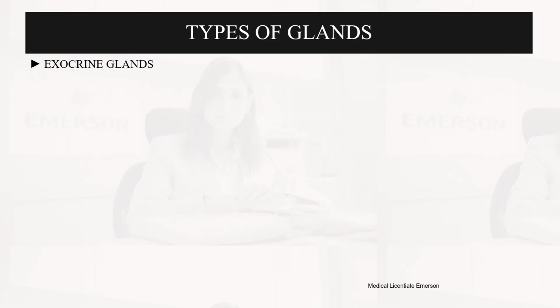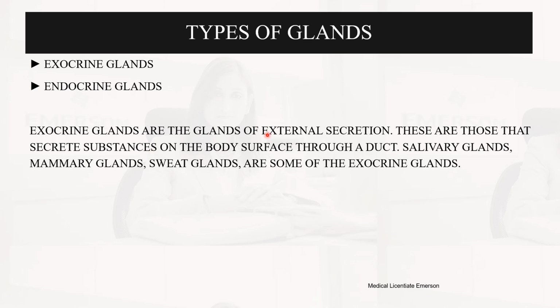Okay, so from what we discussed in the introduction, we know that there are two types of glands. We have the exocrine and the endocrine. Exocrine glands are the glands of external secretion. These are those that secrete substances on the body surface through a duct. Examples are salivary glands, mammary glands, and sweat glands.